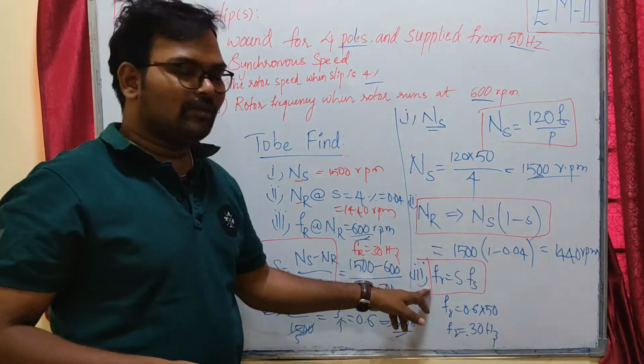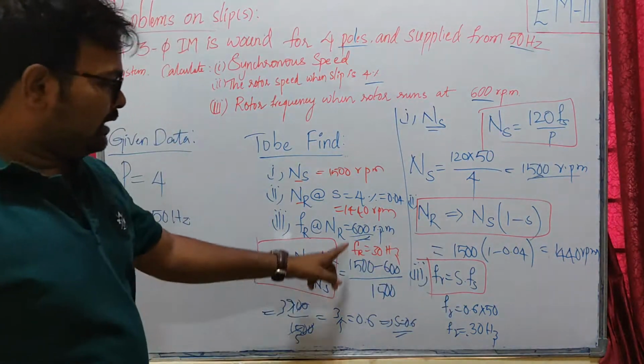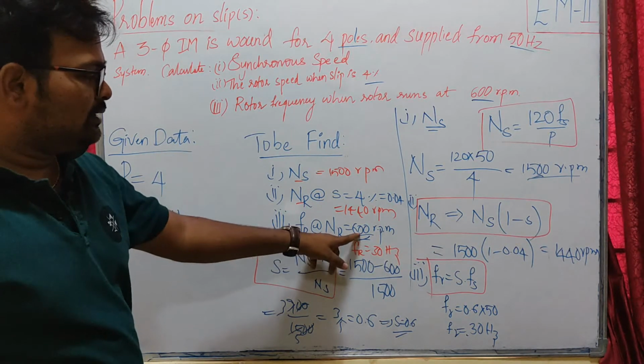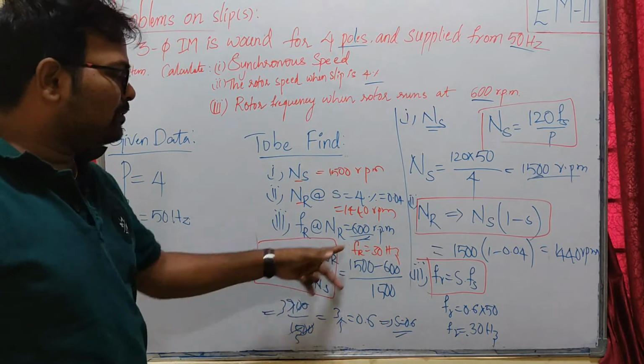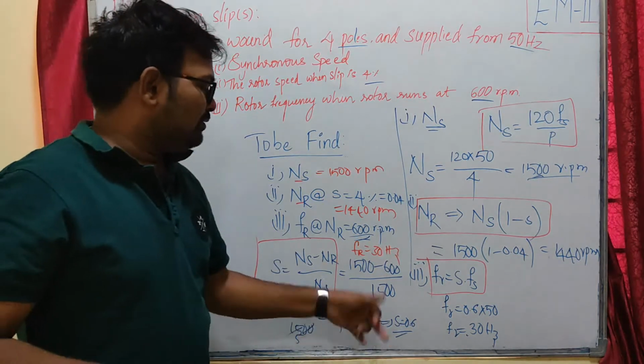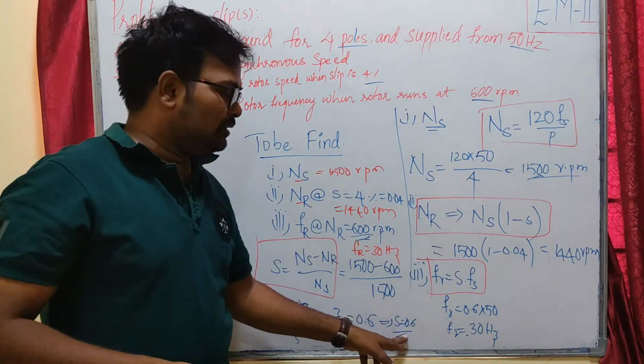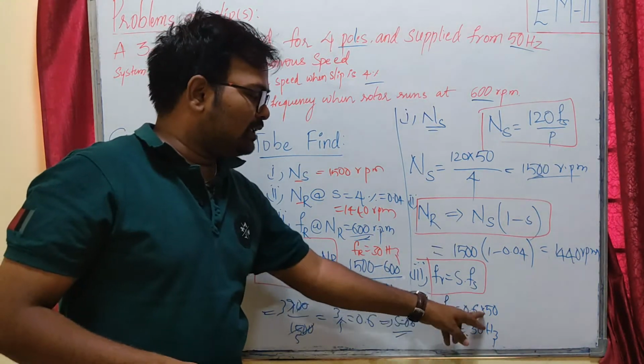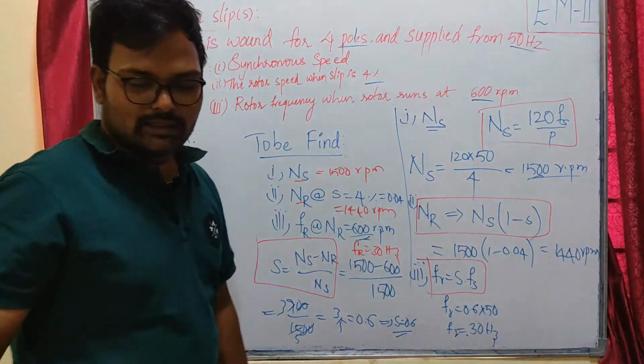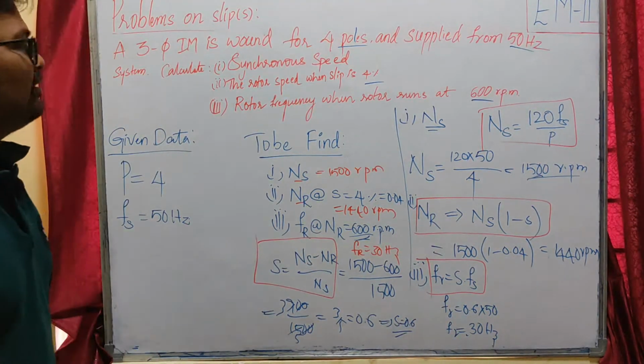The third one is rotor frequency, which is S times supply frequency. Since the rotor speed is mentioned as 600 rpm, I find the slip at that speed, which is 0.6. Substituting 0.6 into 50, I get the rotor frequency. So this is the problem for slip.